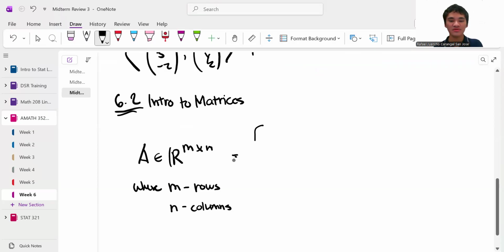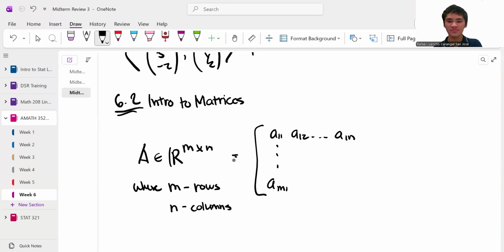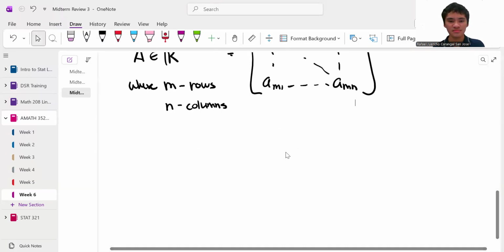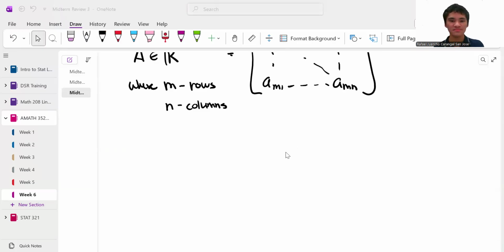How that would look is, for instance, we have this entry, A11, A12, all the way to A1n. This denotes the number of columns. I go down, this denotes the number of rows. AM1 all the way to AMN. And that just keeps going. Okay? That's one way to look at it.